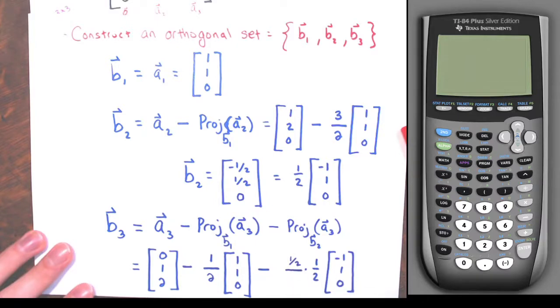Then the denominator is the dot product of B2 with itself. So that's going to be a quarter plus a quarter. That's 2 quarters, or a half. It's a half of this dotted with a half of this, so a quarter of 1 plus 1, a quarter of 2, that's a half.